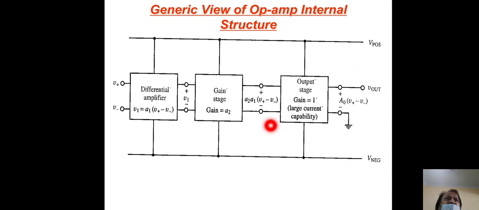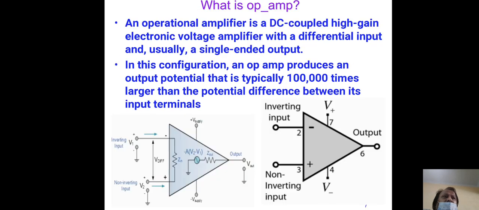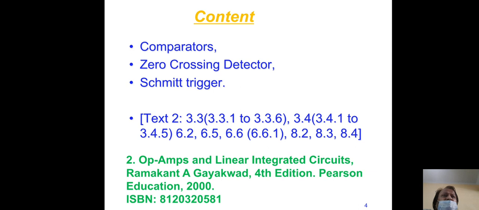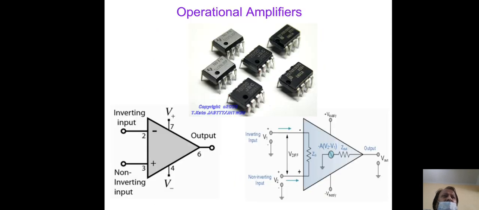Here the simple op-amp is considered. You have the inverting input and non-inverting input, the positive supply and negative supply, and the output.